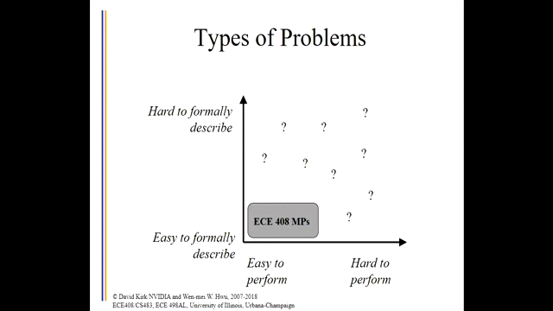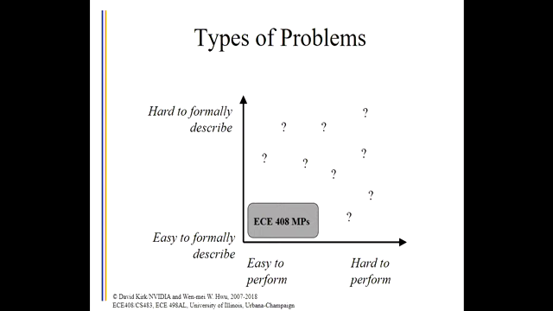So when we look at these human problems, the problems that you as a programmer, as a designer, need to solve, we oftentimes have this two-dimensional description space of problems. We say that the problems could be easy to describe, meaning the solution to these problems is easy to describe as an algorithm, or hard to describe as an algorithm.